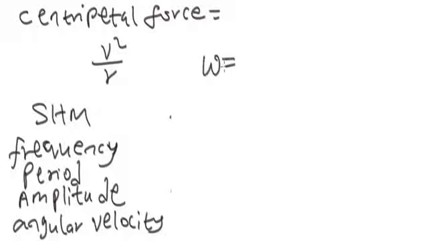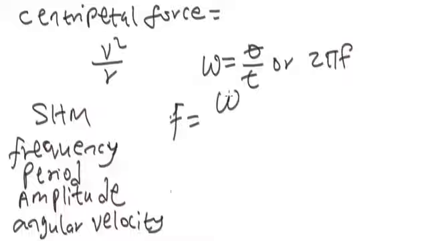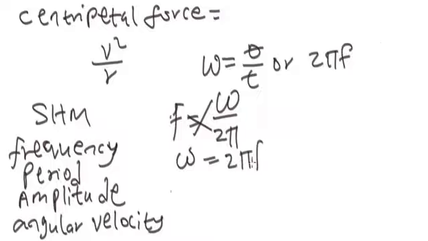That means angular velocity W equals theta over time. Alright, or angular velocity can also be calculated using 2 pi f from one of the formulas for frequency. Frequency equals W over 2 pi. So when you cross multiply, W will result to 2 pi f. So that's how I got this 2 pi f. Alright, so don't be confused with it.